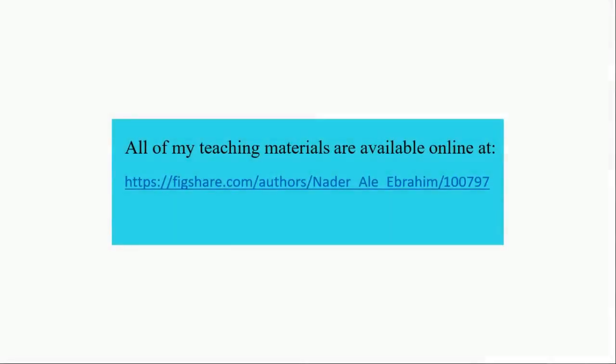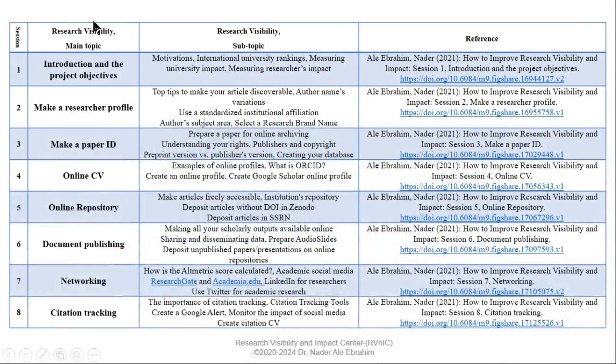Actually, this presentation is a summary of 8 different sessions. Each of them takes between 2 to 3 hours, which means I should summarize at least 16 hours in 1 hour. That's the reason I should go very fast through the different topics.